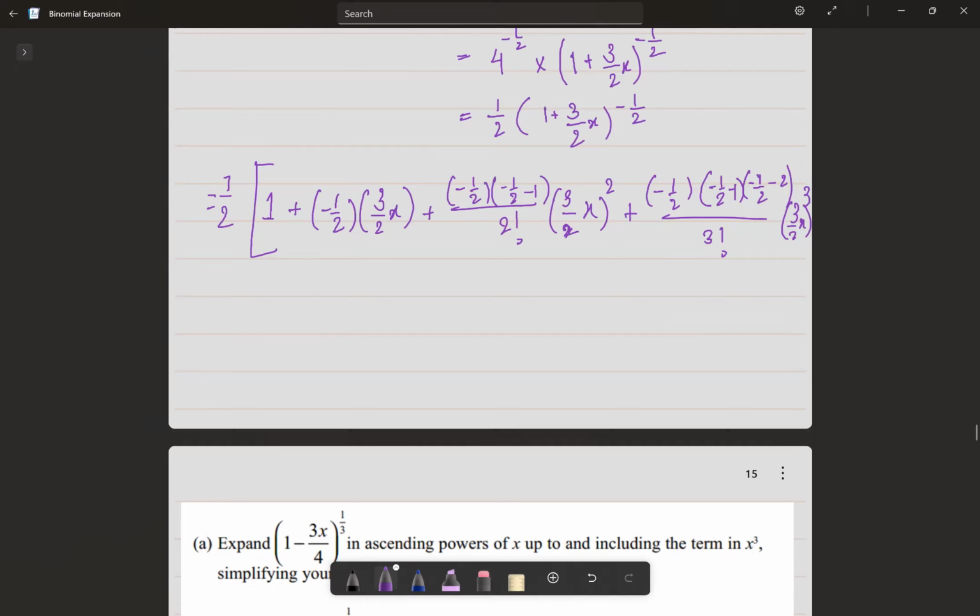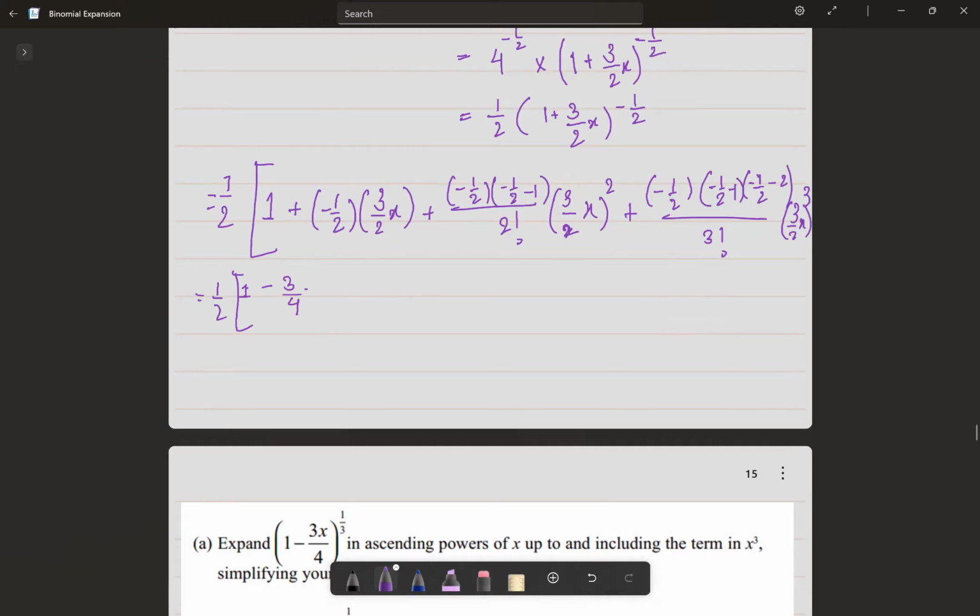So from here, half stays as common. We first simplify the parts inside the bracket. So 1 will stay as 1. Then for the next term, you need to multiply half with 3 by 2. So that's going to give you minus 3 by 4 x.